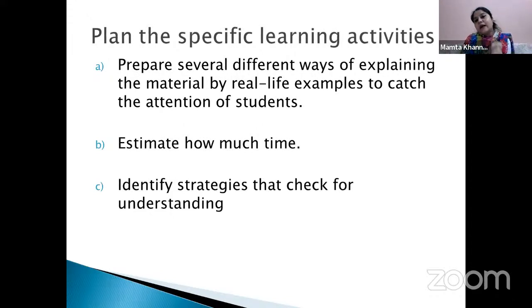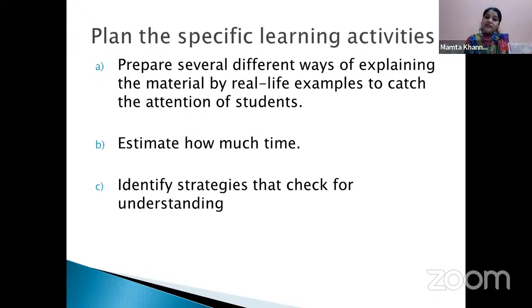Now estimate how much time. In a 45-minute class or 40-minute class, you do not get 40 minutes for teaching, right? You have your introduction, you have your wrap up. So in between, suppose you get 30 minutes to teach a concept. You need to again bifurcate that 30 minutes into different sections.